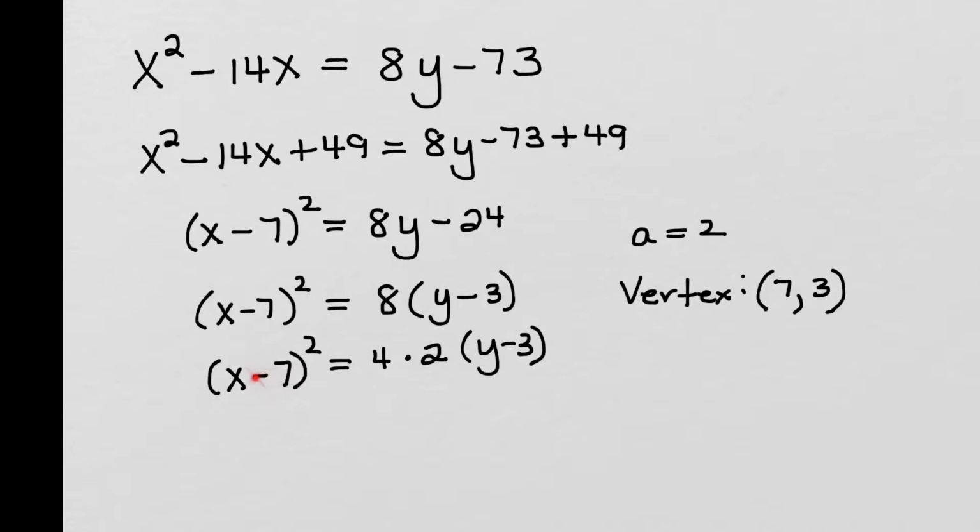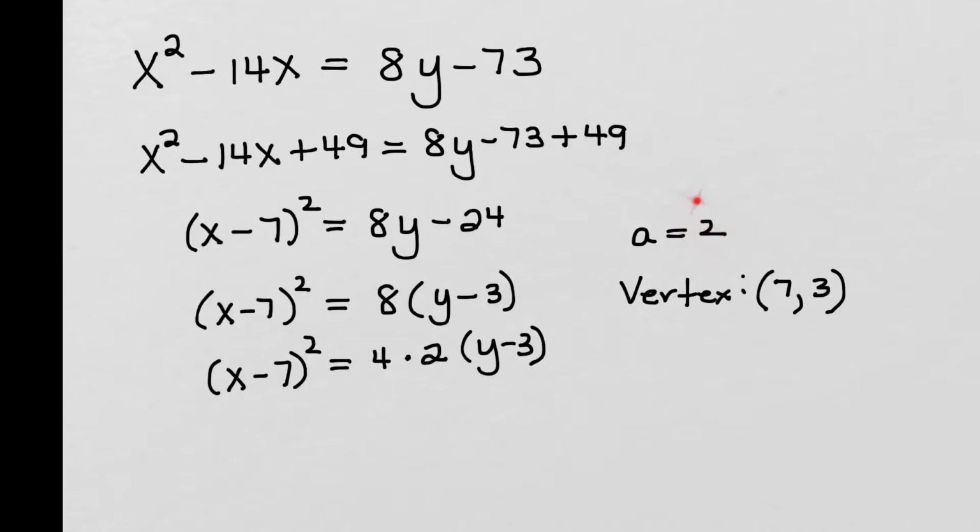Keep in mind, if this is a minus here, then h is going to be positive. If this were a positive 7, then h would be negative 7. So h is 7 and k is 3, and that's the vertex of this parabola. So we have 7, 3 for the vertex.